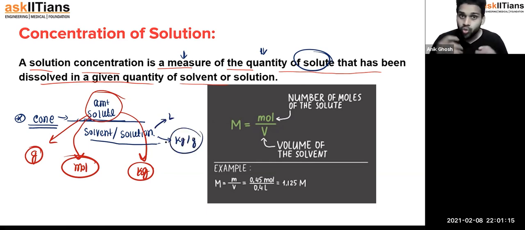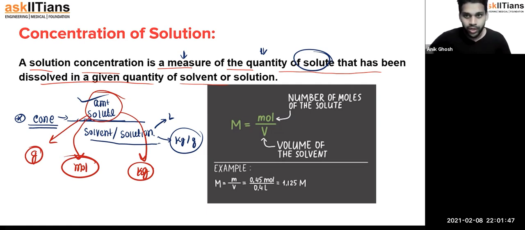So there are so many units through which we can represent the concentration, by changing the units of the amount of solute, or the units of the amount of solvent. We can do both of them. Depending on the scale we are taking to measure it, we have so many concentration terms.